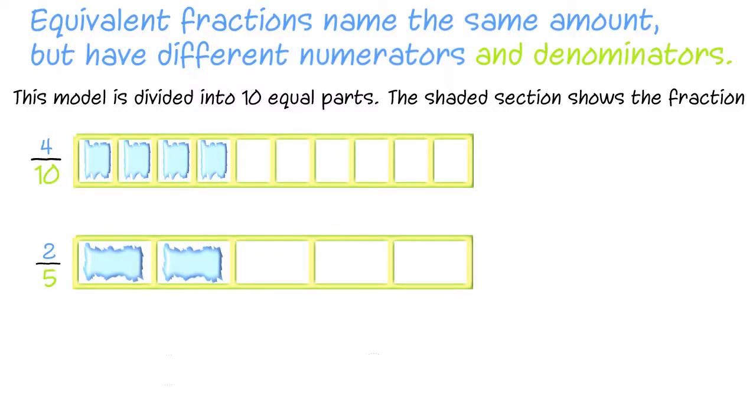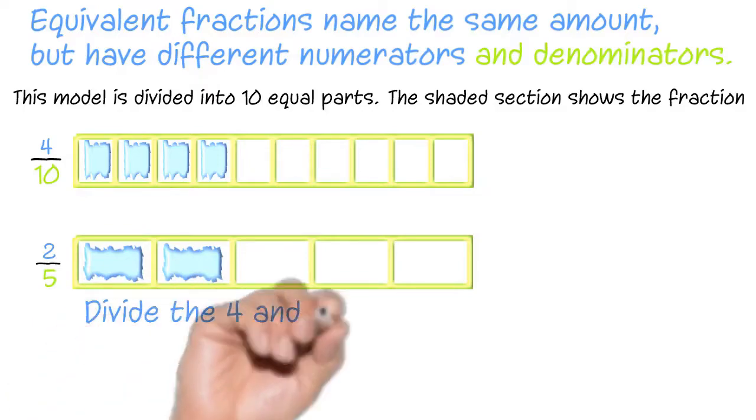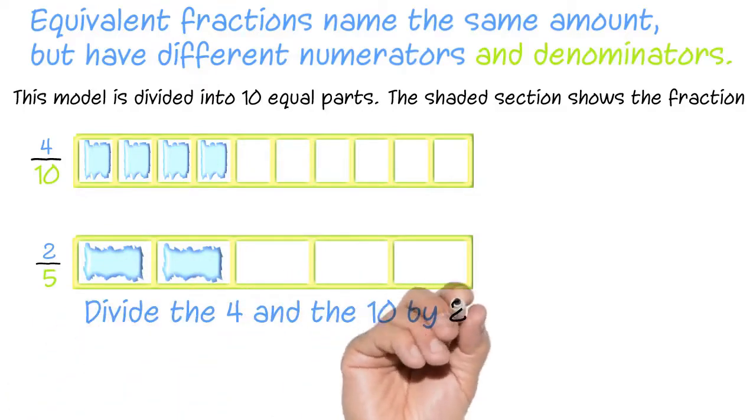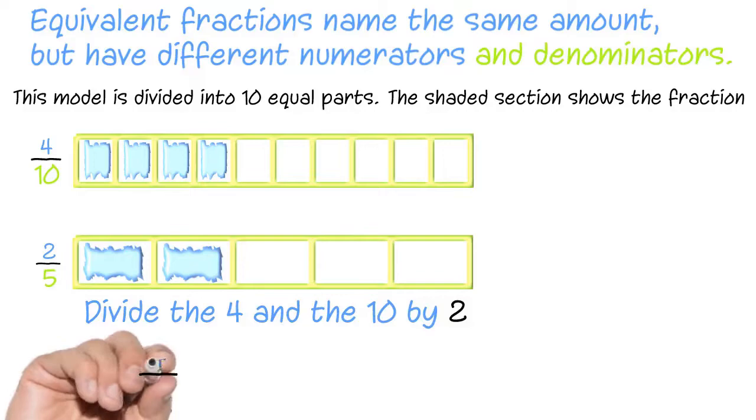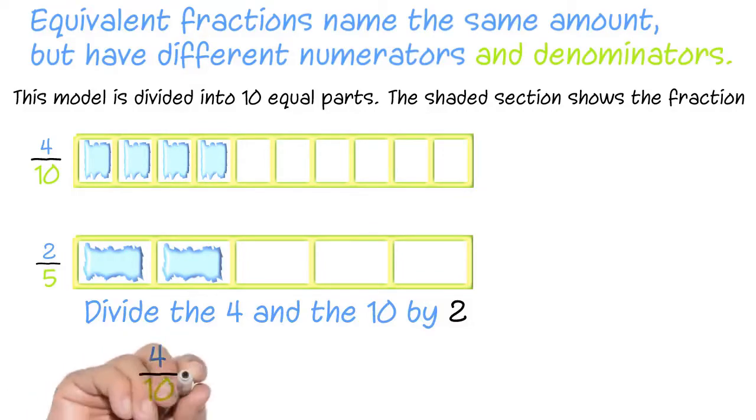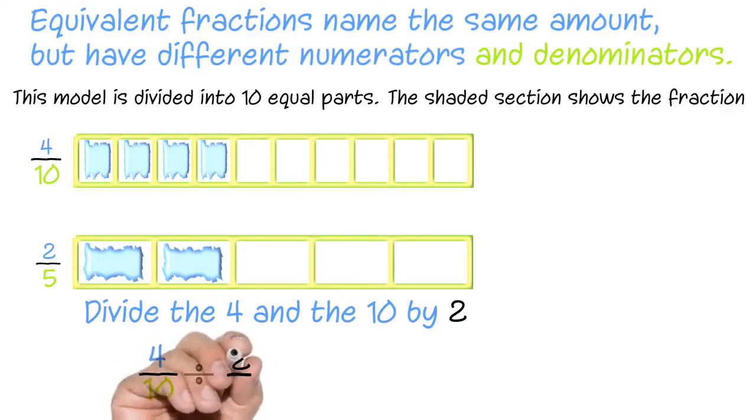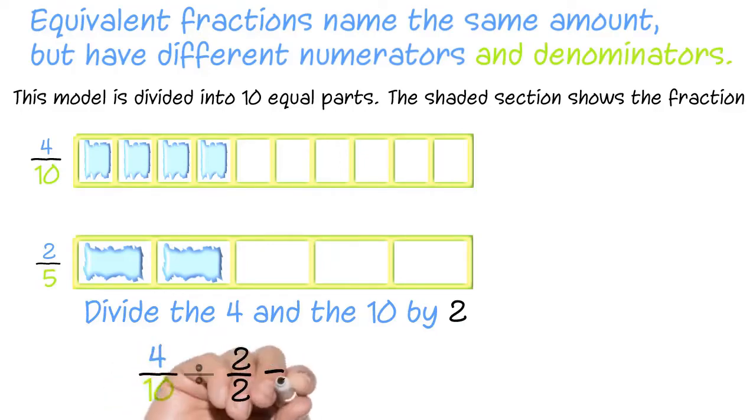Now let's use that common factor to divide the 4 and the 10 by 2. 4/10 divided by 2/2 equals 2/5.